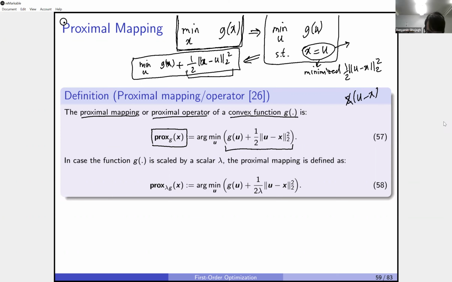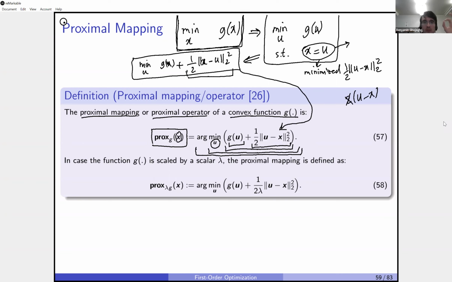So now this is exactly what the proximal operator is doing. The variable is x, but we are having a change of variable to u. Then we say g of u rather than g of x, and this term is penalizing the distance between u and x, so x becomes equal to u. Note that this is not the function value, but the argument which minimizes it.